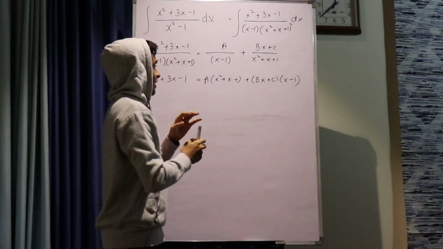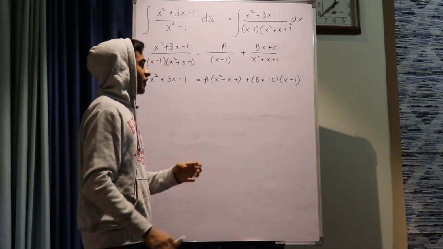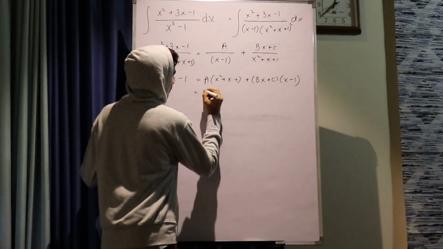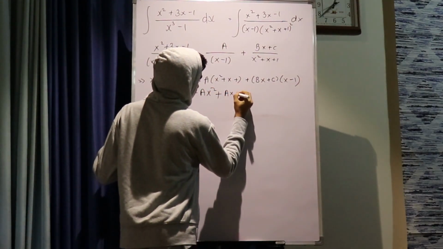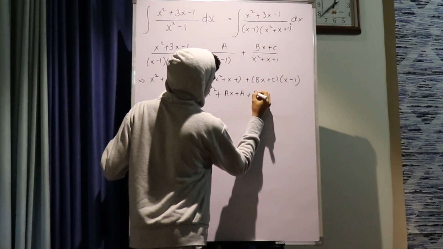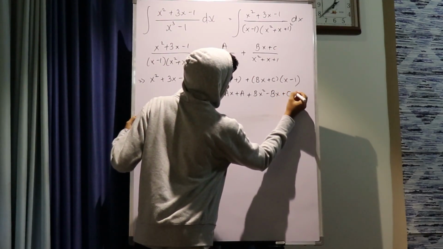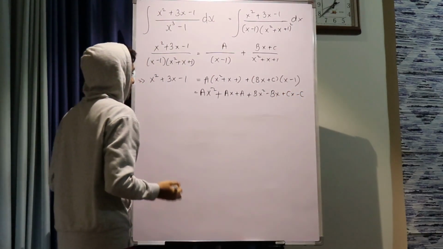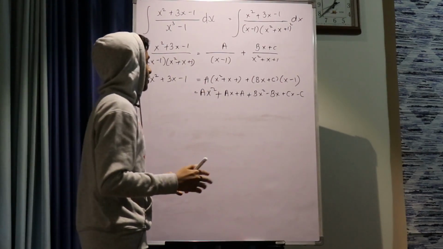So now what we can do is expand the terms and then match the corresponding ones and find the values. So this equals ax squared plus ax plus a plus bx squared minus bx plus cx minus c. Right, so let's regroup and find the coefficients of x squared, x, and the constant.